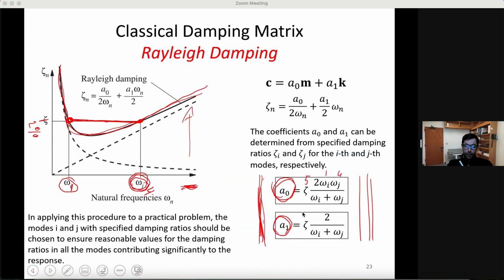Why 6%? Because you have defined 5% for these two frequencies. Then you know that damping is increasing roughly linearly. Therefore, if the frequency is larger, you will find a larger value of damping. Okay? So this is the theory behind it.